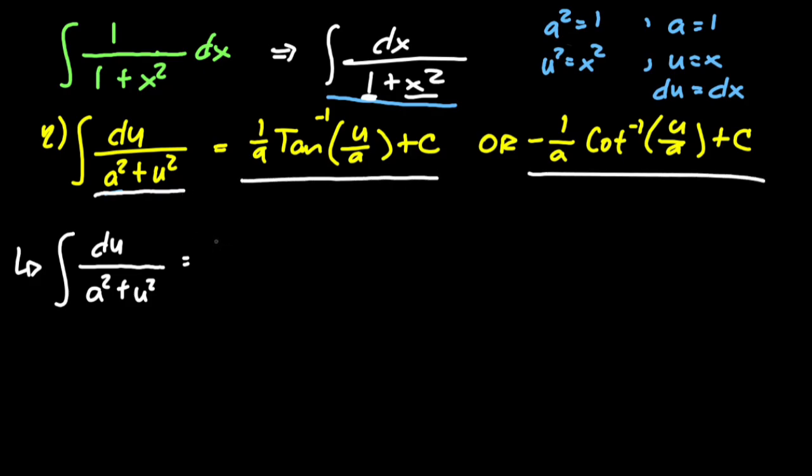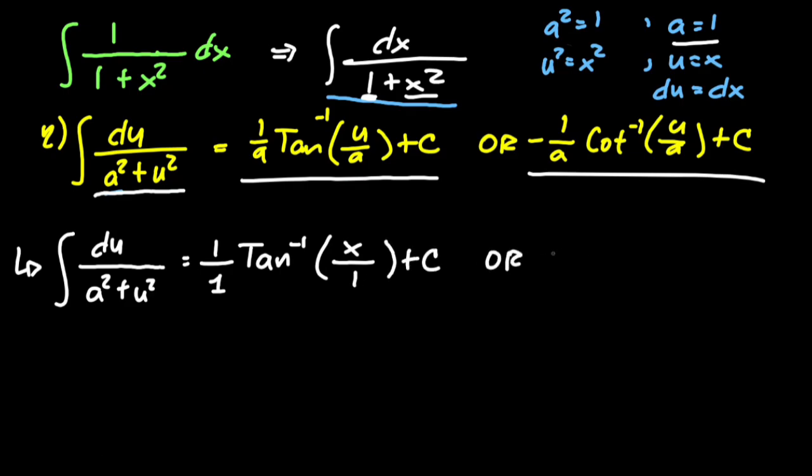It will become 1 over a, here simply 1, multiplied by arctangent of u, here x over a, which is 1, plus c, or negative 1 over a, which is 1, multiplied by arccotangent of u, which is x, over a plus c.